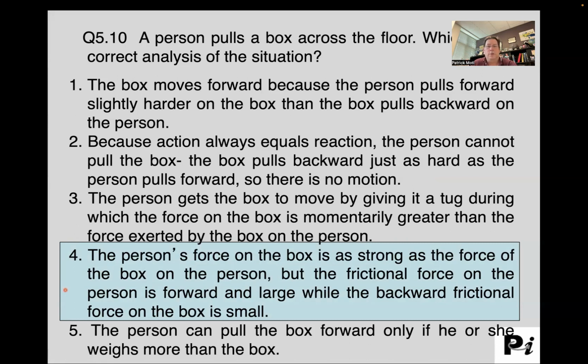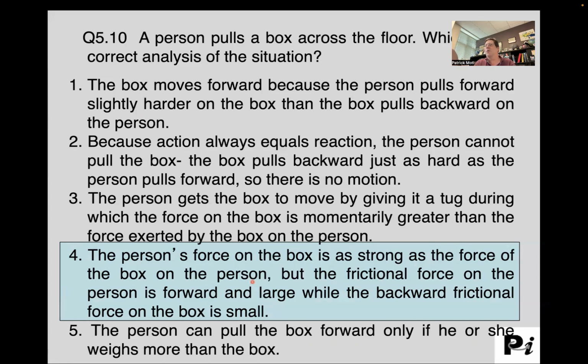Check. So far, so good. But the frictional force on the person is forward and large, while the backward frictional force on the box is small. That's how you're able to get the box moving. You are going to exert a force backwards on the ground through static friction of your feet on the ground, and the interaction partner to that is going to be the static force of friction forward on you.